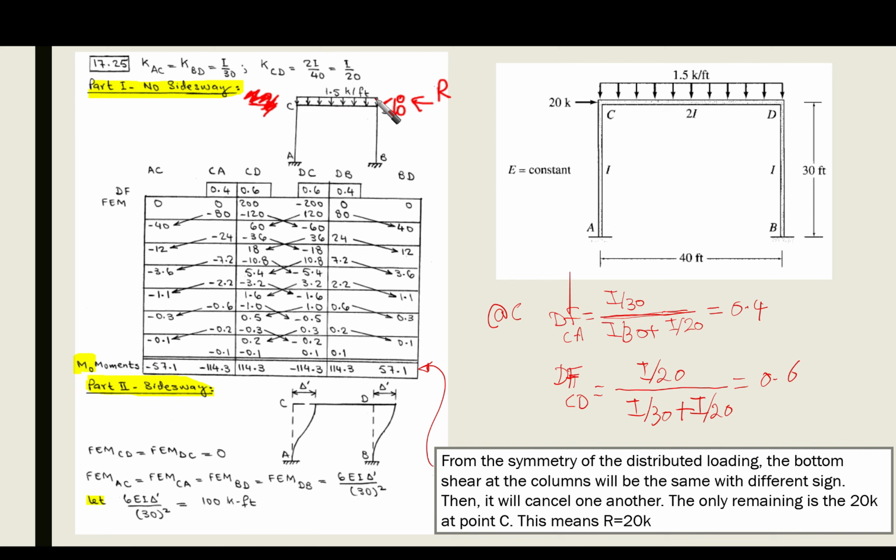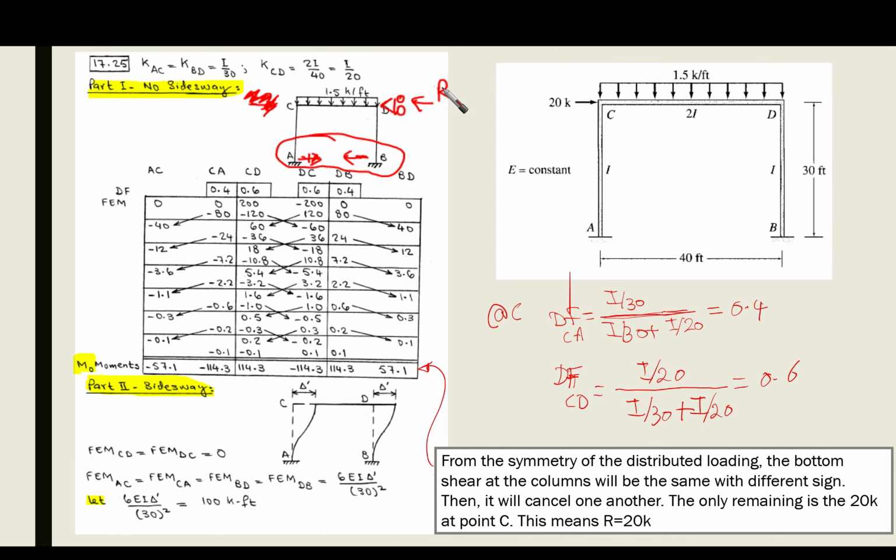This means that no lateral displacement will take place, and at the same time the shears that are going to be developed at the bottom of member AC and member BD are going to be with the same magnitude and having different signs, so they are going to cancel one another, and R would not take any value from the shears at the bottom.